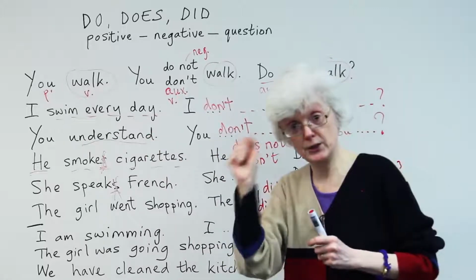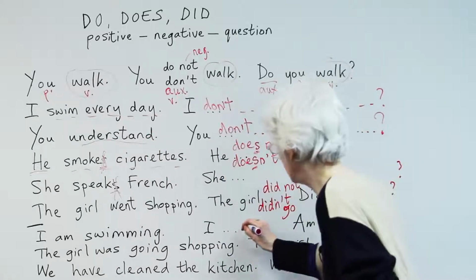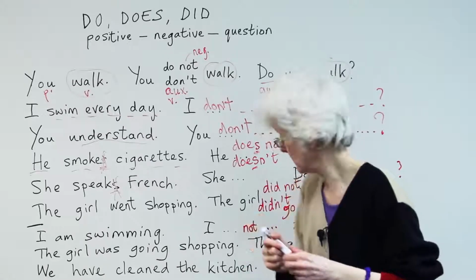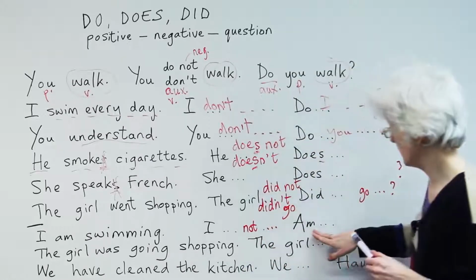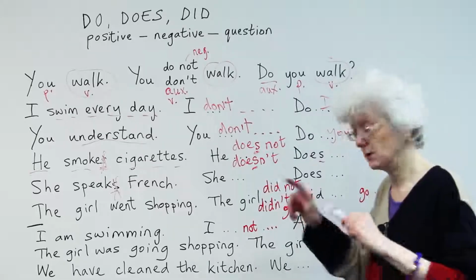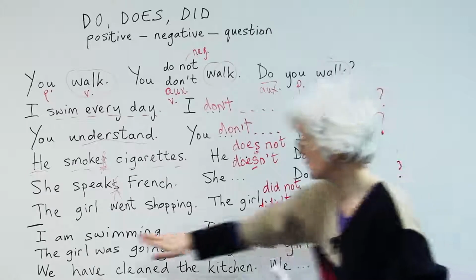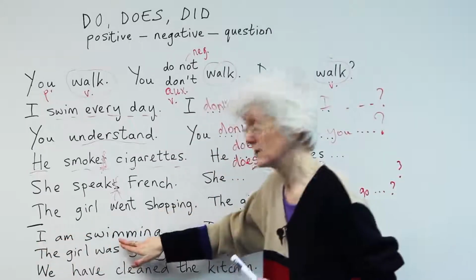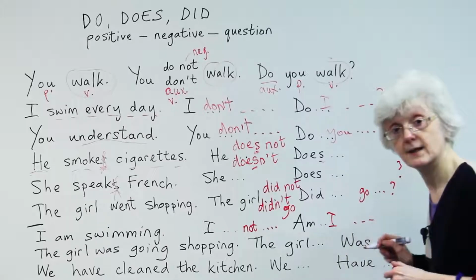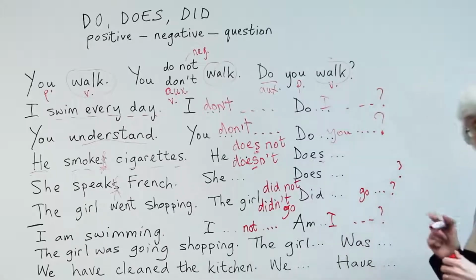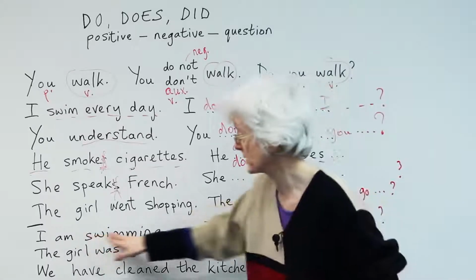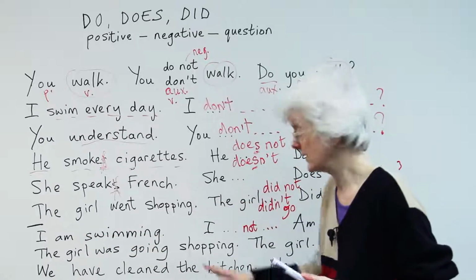Just the negative word not. And for the question at the end, you start with am and you just reverse the words. You go, am I swimming? Question mark. Nice and simple. So we don't need do with the present continuous, right?